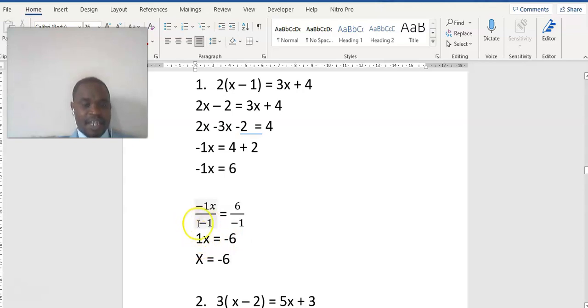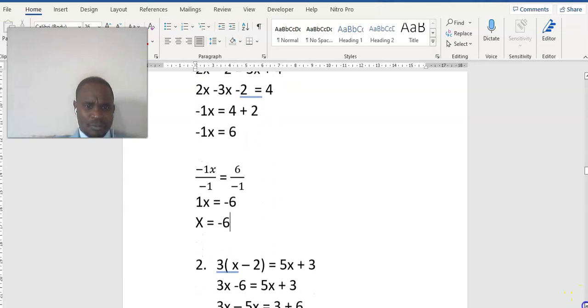So remember this, anytime you have 1x, 1y, 1w, the nicest way of writing it is what? If it is 1x, you say x. If it is 1y, you say y. Alright, so this one is going to be x is equal to negative 6.